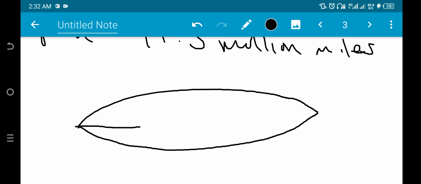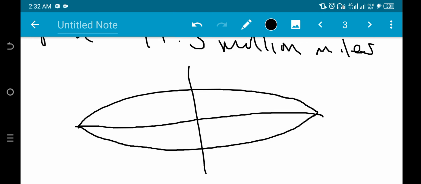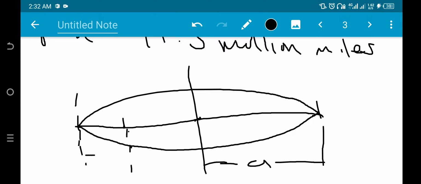We know that the distance from here to there, considering that this is the major axis, will be A, isn't it? Then from the center to there, we have B in between.